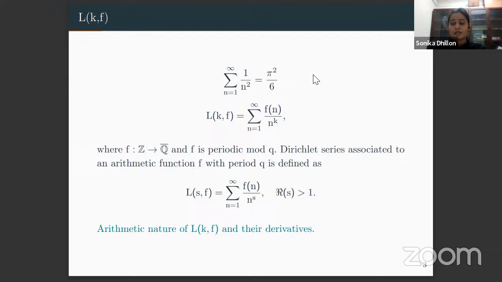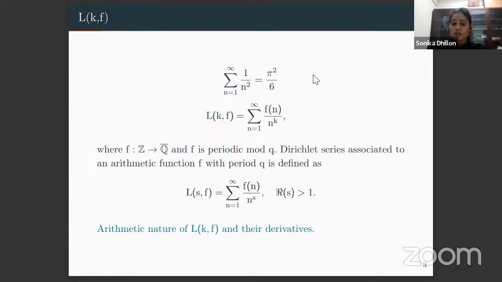The Dirichlet series associated to any function f with period q is defined as L of s comma f is equal to summation f(n) by n to the power s, where the real part of s is greater than 1. And in fact, by using the Hurwitz zeta theory, one can extend it to the whole complex plane except when s is equal to 1.